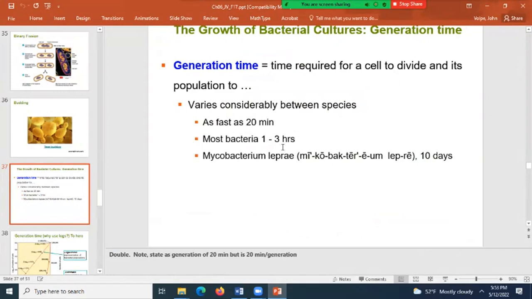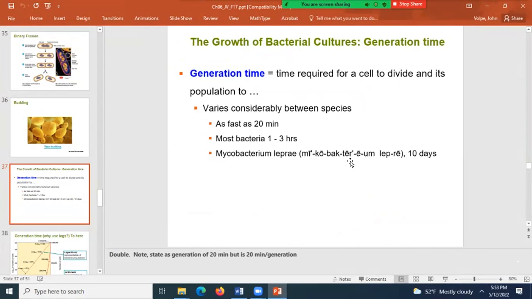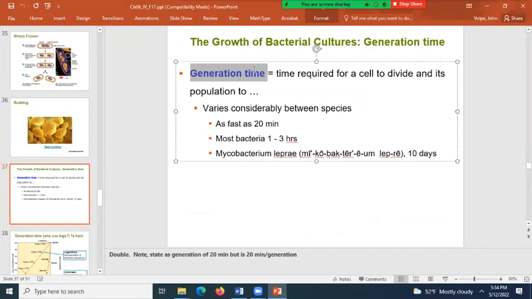All right, when we're talking about growth, it's important to discuss the generation time. Students often have a problem with the generation time. The generation time is the time required for one cell to divide and become two, and that is the same thing for the population of cells to double in their size.